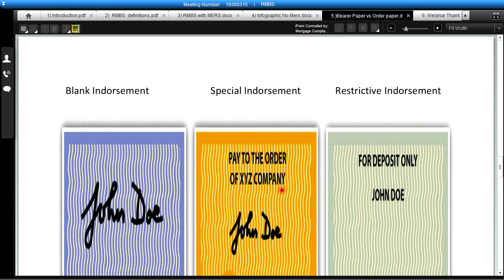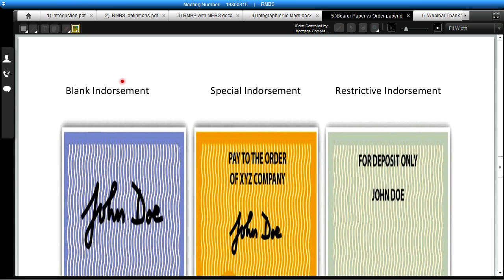So if the signature was made by the holder of an instrument and is not a special endorsement, it is a blank signature. Again, a blank endorsement. I'm just putting words in so you can visually look at it. Blank endorsement, John Doe. Special endorsement, paid to the order of.